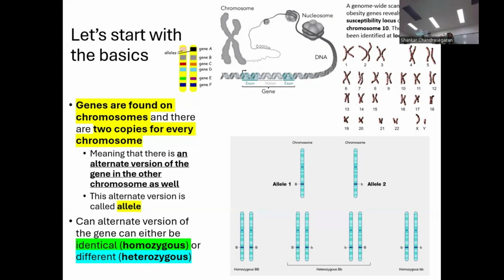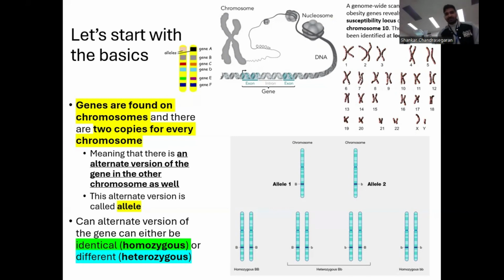Both of them will have gene X, but one might code for a dominant trait, while the other codes for a recessive trait, and both of them combine together to determine what your actual phenotype is going to be. So that's when we call it an allele. So when there's an alternate version of the gene in the other chromosome, we call both of them alleles. So we're going to get into that in a minute.